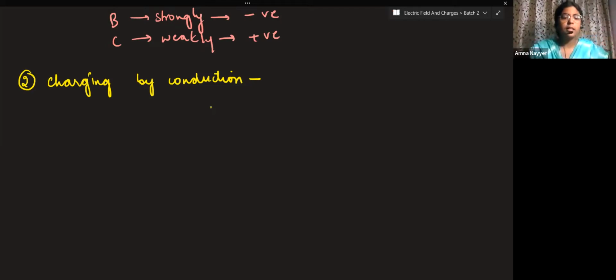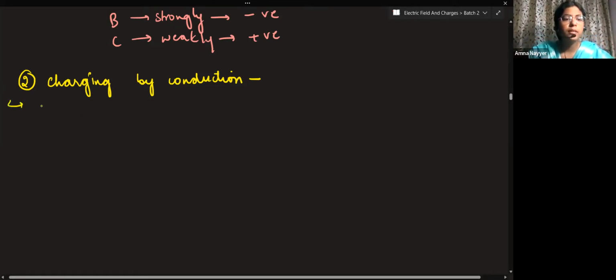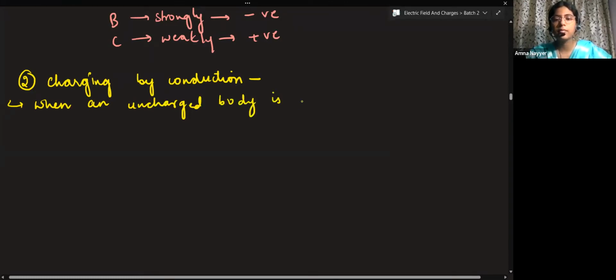So I'll write it down. When an uncharged body is placed in contact with a charged body, it gets charged due to the transfer of electrons. This is the difference between charging by friction and charging by conduction.